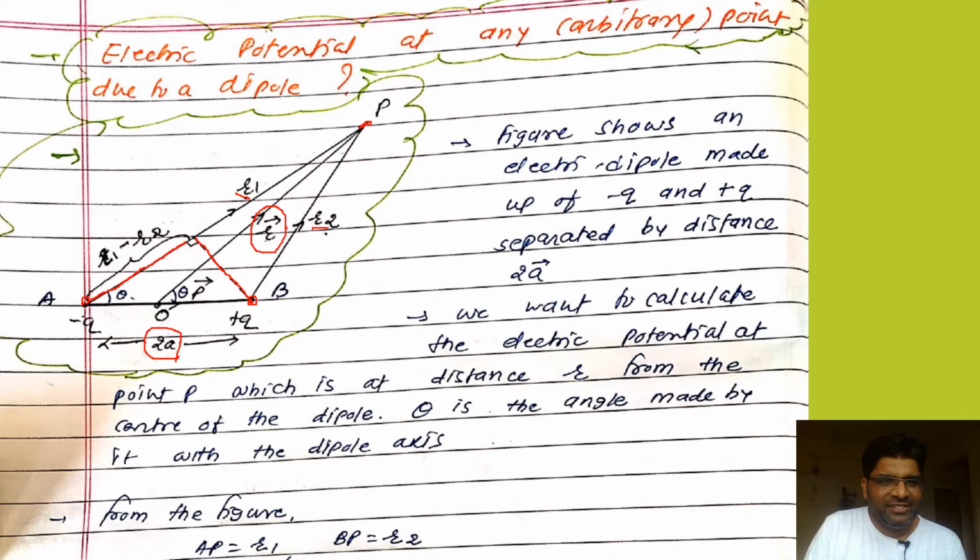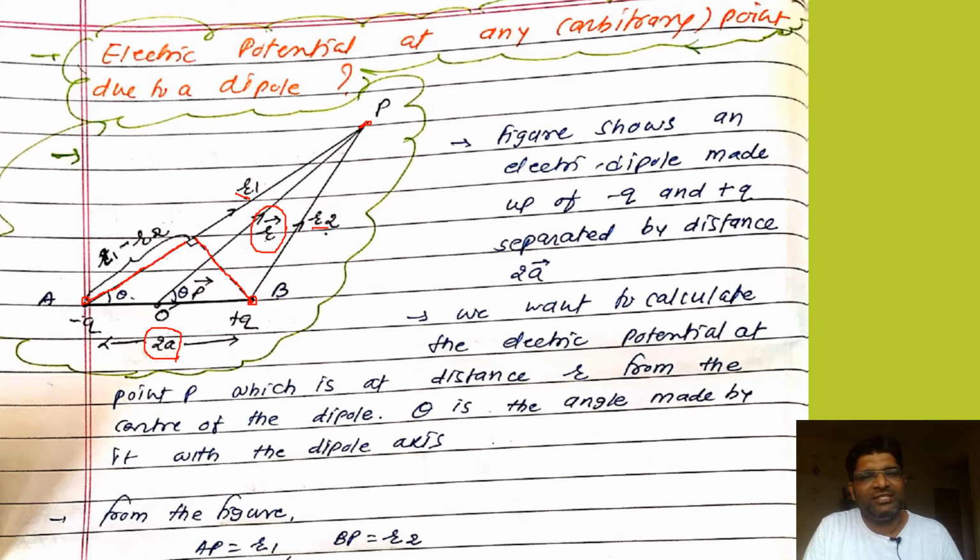If this is angle theta at point O, then point P will make angle theta with minus Q as well. Why? Because a dipole is a small system, so even with B or with O, with A, there won't be much change in the angle made by point P. So almost they are the same angle.